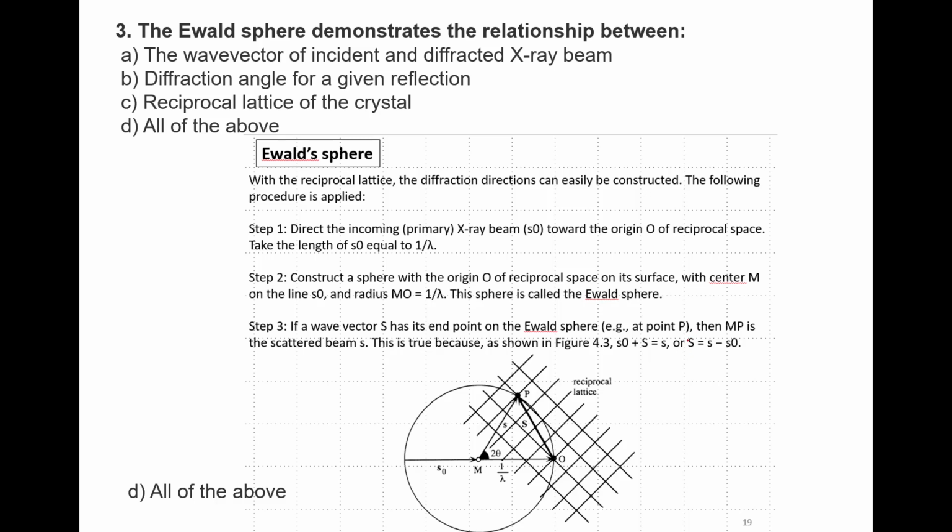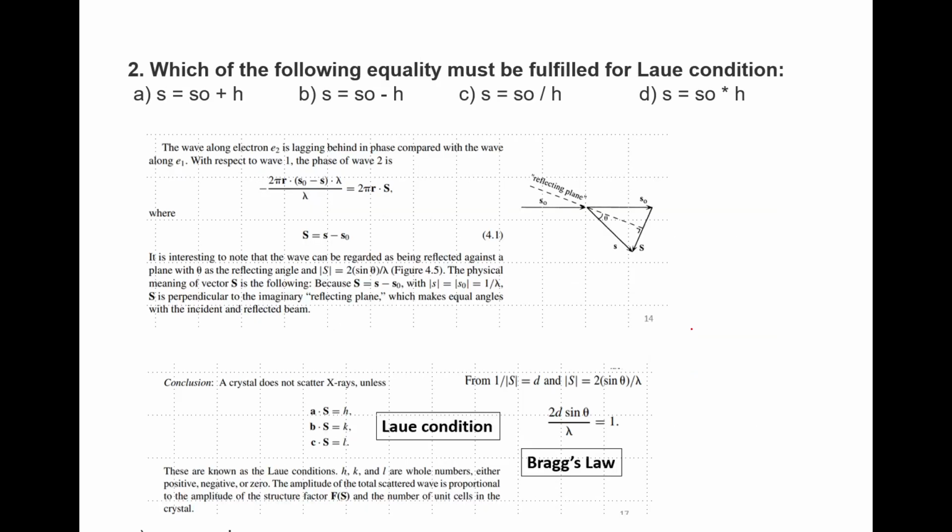Any point in this scattering vector present in this lattice plane should equal your Miller indices. So s minus s naught equals your H value. If in option A you take the transpose, or take this to the left-hand side, it becomes s minus s naught equals H, which satisfies both the Laue condition and the Ewald sphere condition. So the answer to this question is option A.